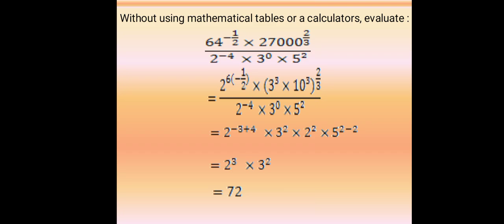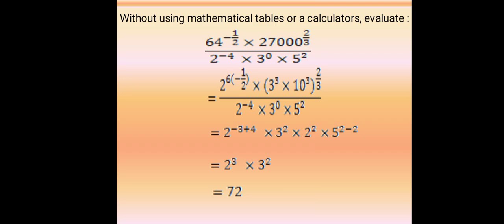Now 64, we can write it as 2 raised to the power of 6. Now multiplied by negative half, we shall get negative 3.